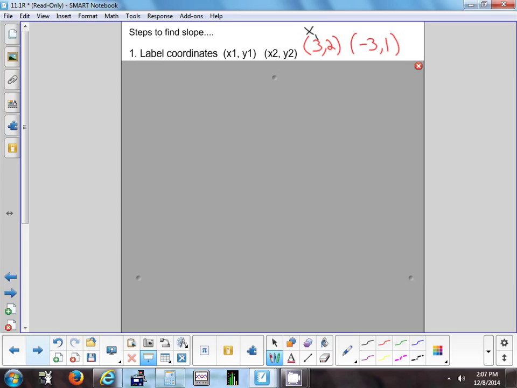Right here, Ben, what's this going to be? y1. This would be x2, and then y2. I know someone in the back had a question of, well, how come there's x and y, Mr. Roy? This is how you label it. That's what I do so I don't make a mistake. I label them first. So you're going to label your coordinates.